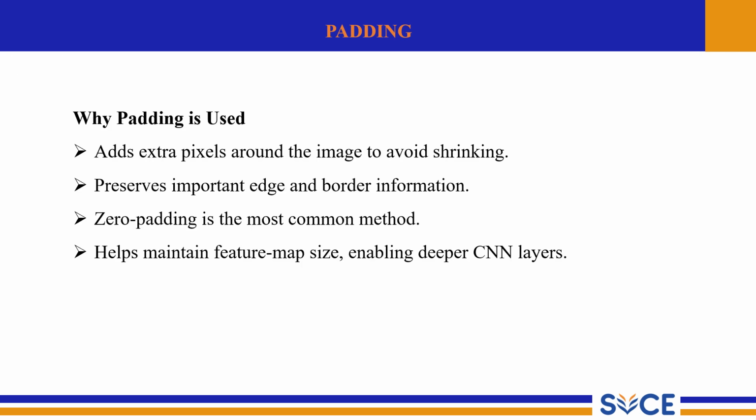Why padding? Why is padding used in convolutional neural networks? Padding is used to add extra pixels around the border of an input image in order to prevent the image from shrinking after convolution. Without padding, each convolution operation reduces the spatial dimensions, which can quickly lead to very small feature maps in deep networks.